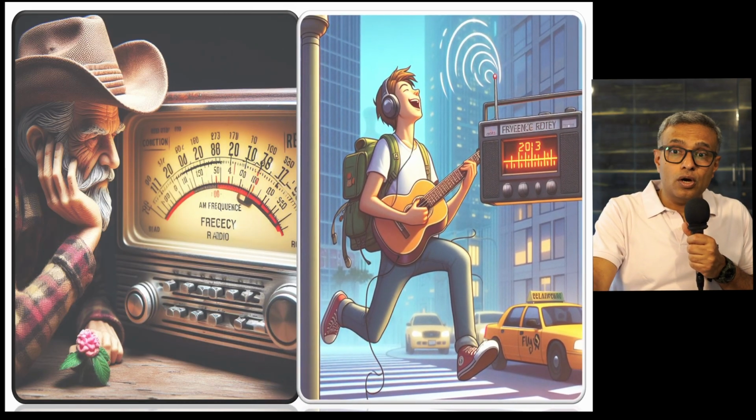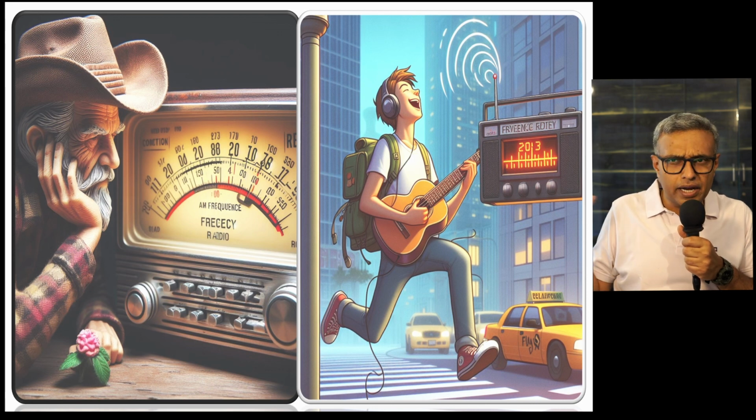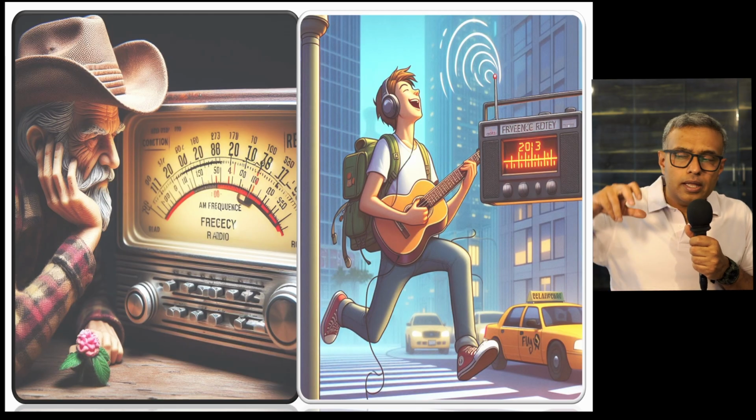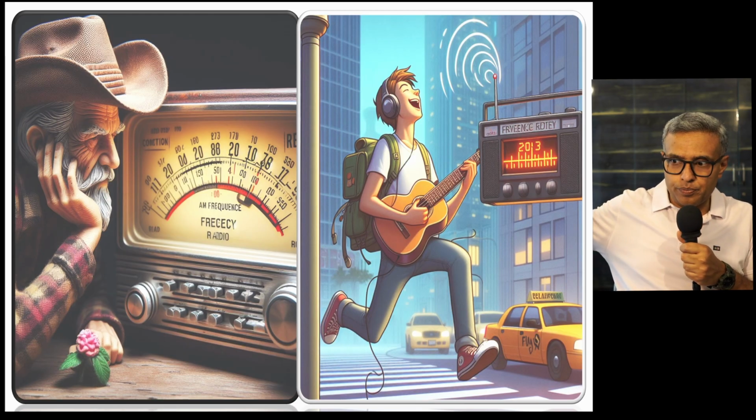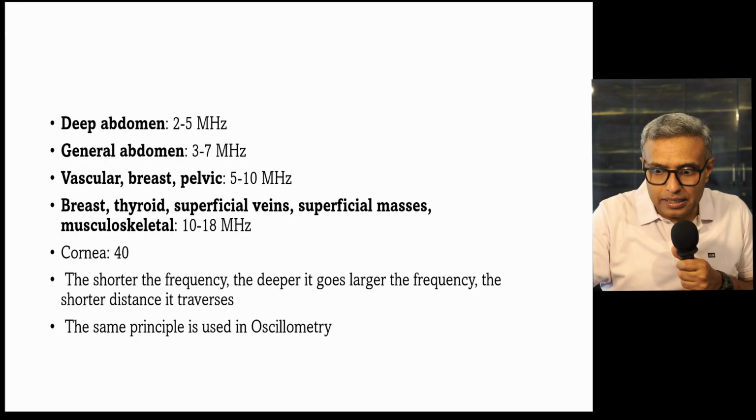The AM are the smaller frequency ones, which could travel a large distance, and the FM radio uses higher frequencies, say 91, 90.1, 98, and so on. They have a limited distribution. They go and dissipate soon.